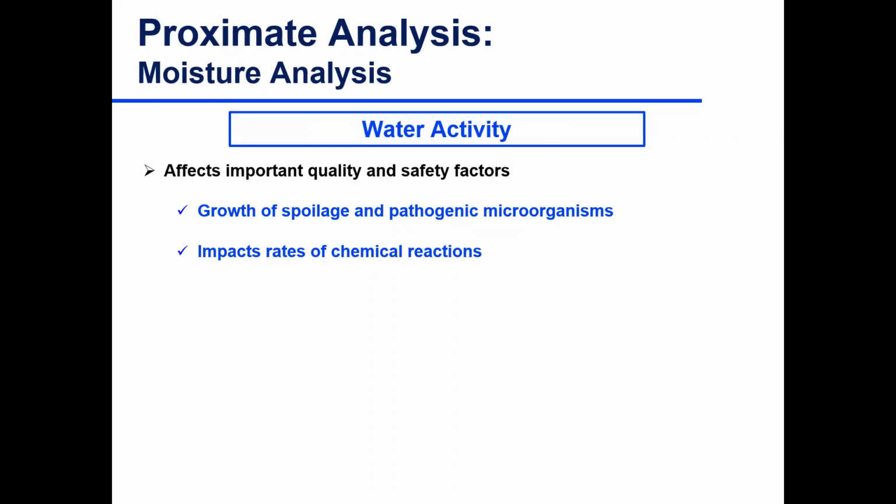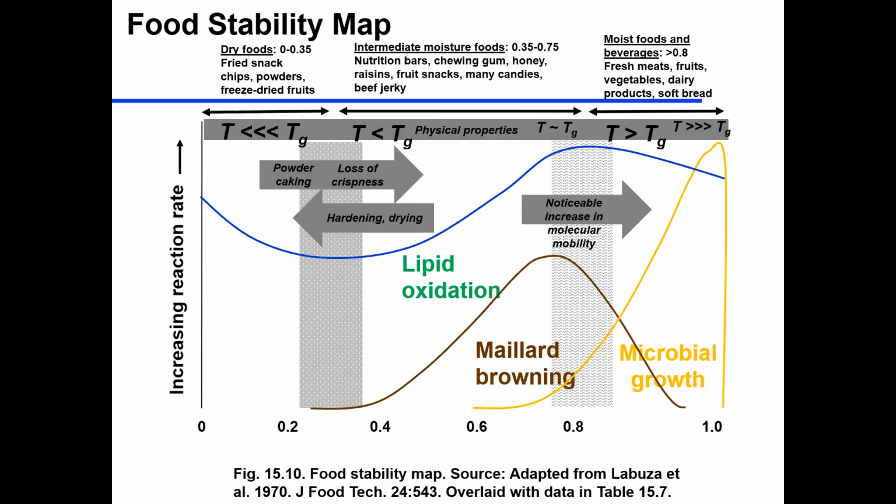The other thing that I think we mentioned, you're well aware of, is water activity. So you measure water, but you also are often interested in measuring the water activity. Because again, water activity tends to be rather important to us in many ways. And basically, there's a stability map.